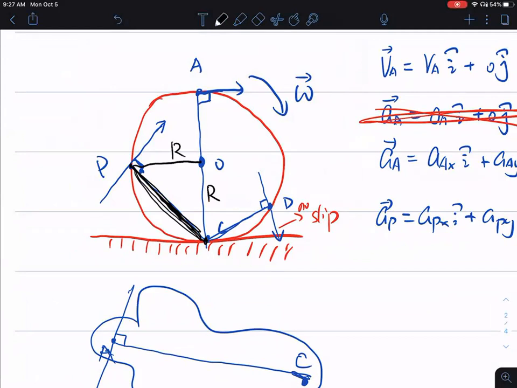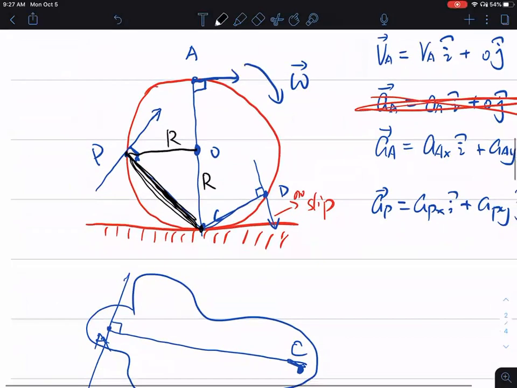That's how you find the distance from P to C. Once you have that distance, you can use omega times that distance, and that will tell you the speed at point P. So that's one of the applications of the instant center. Any questions here?